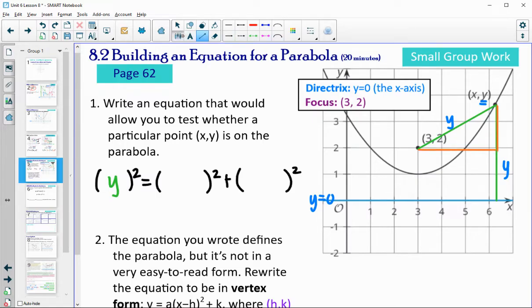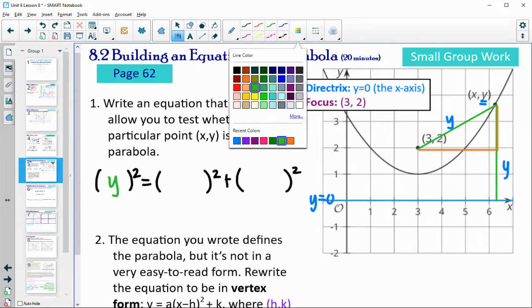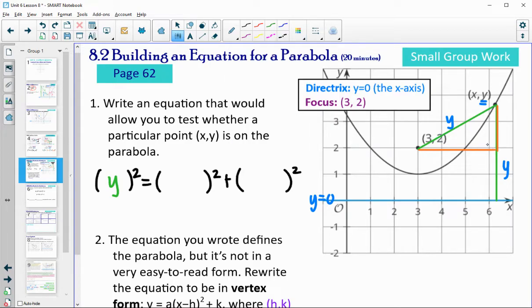So remember, the width is where we subtract the x coordinate. So x minus 3 for the width of that triangle. And then the height of that triangle is going to be subtracting the y's. So y minus 2.